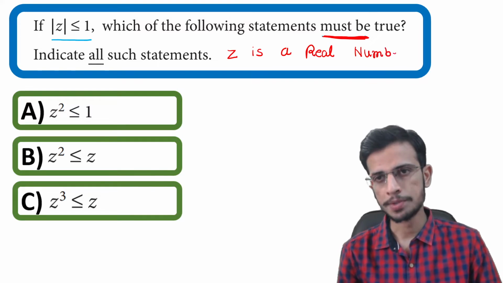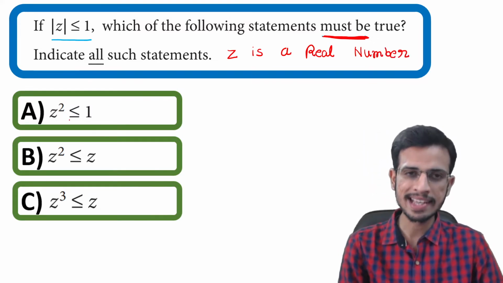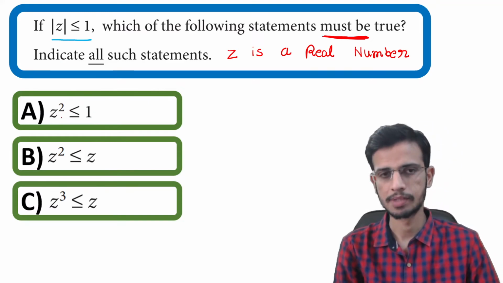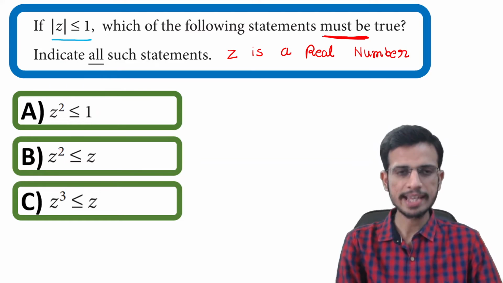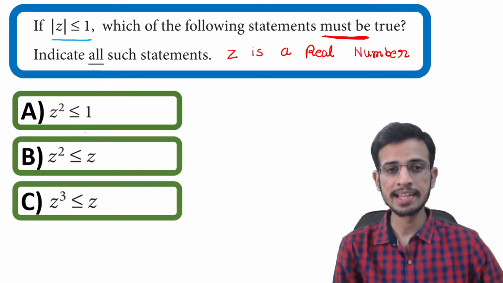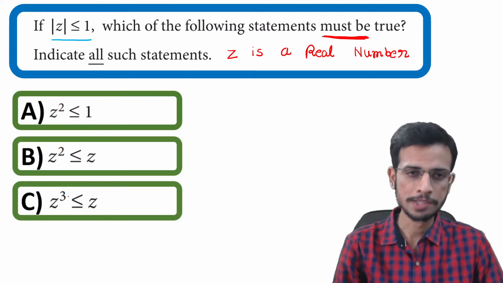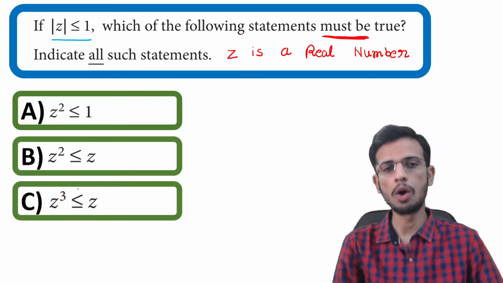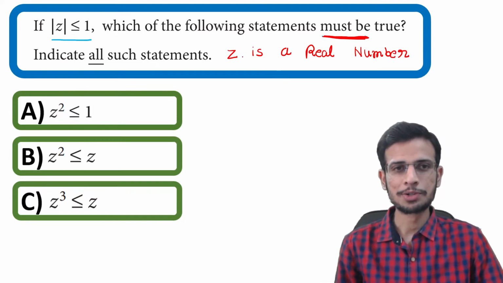So let's read the options. Option A is saying z square is less than or equal to 1. Option B is saying z square is less than or equal to z. Option C is saying z cube is less than or equal to z. So this question is very, very interesting.